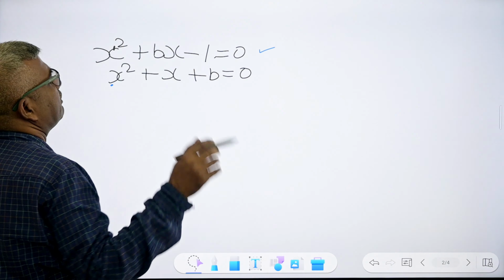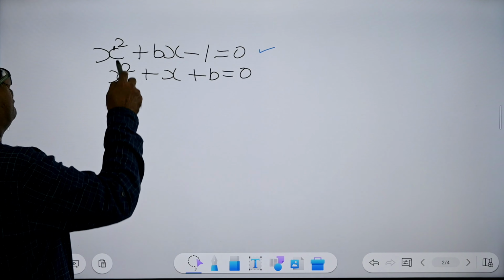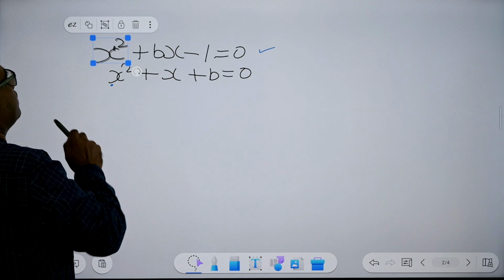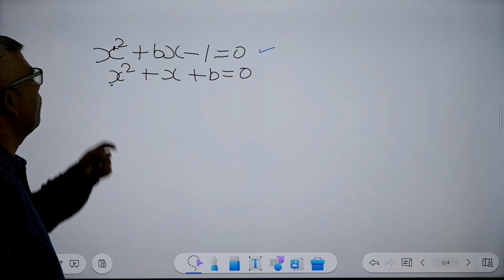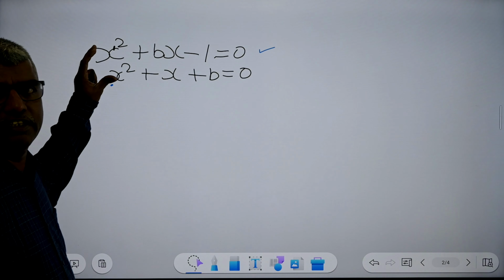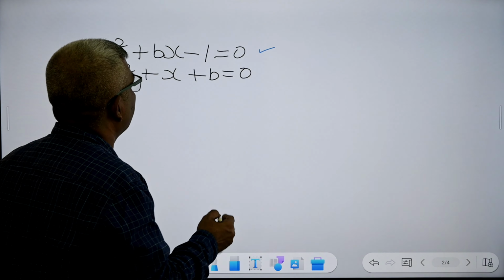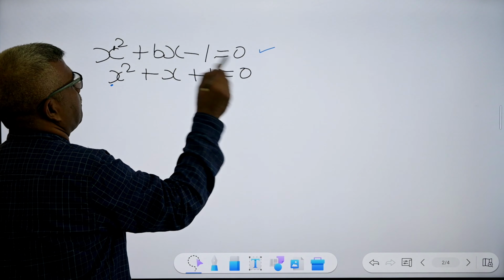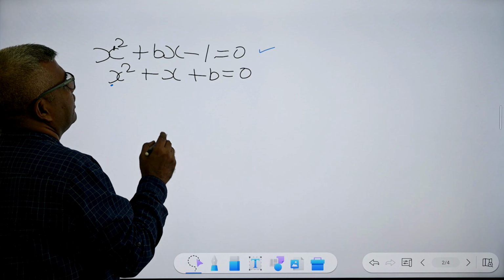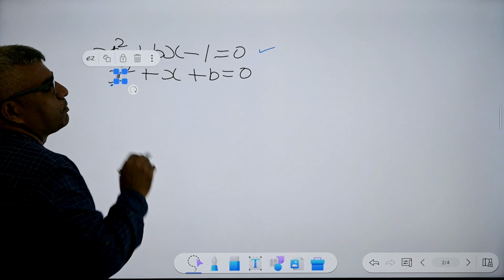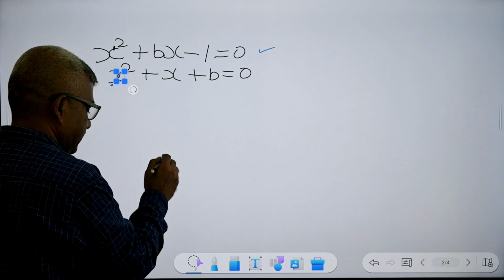Okay, the simplest way is, you see the coefficient of x squared is 1 only. So if the coefficient of x squared in both equations is the same, we can do one simple thing: we can subtract these two equations.